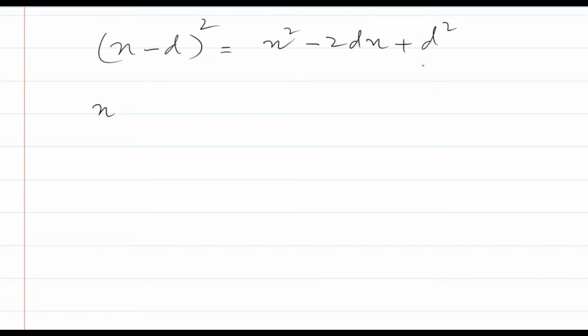Let's see the negative case. If you have an expression x minus d whole square, then on opening you will get x square minus 2dx plus d square, and on rearranging you will get x square minus 2dx will be equal to x minus d whole square minus d square.